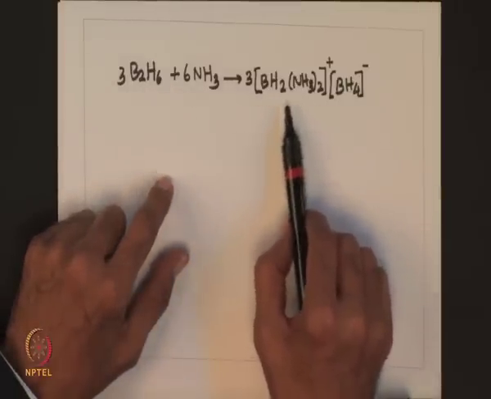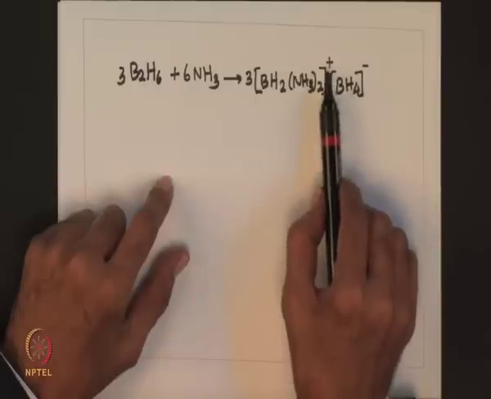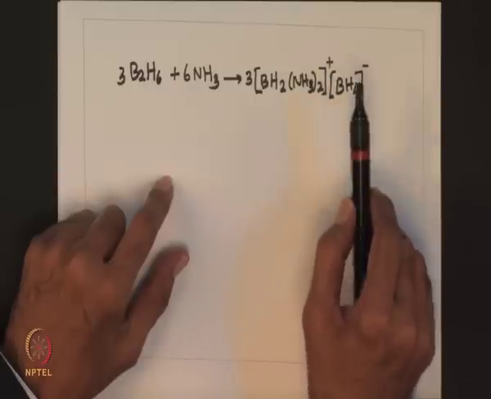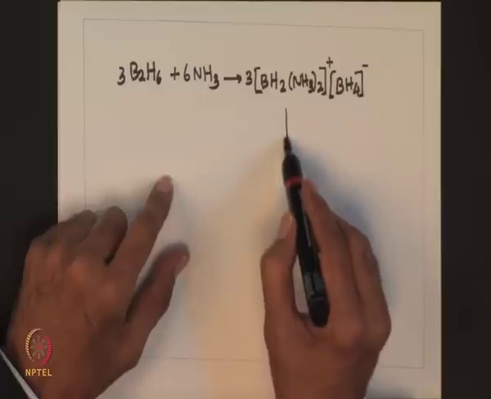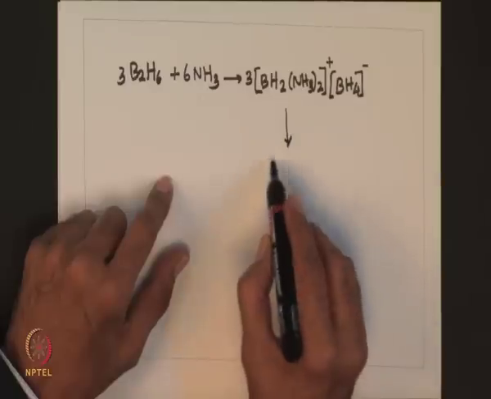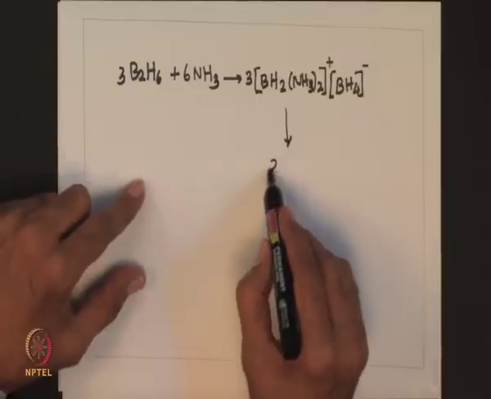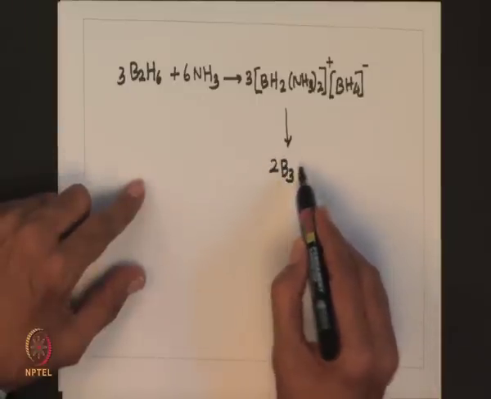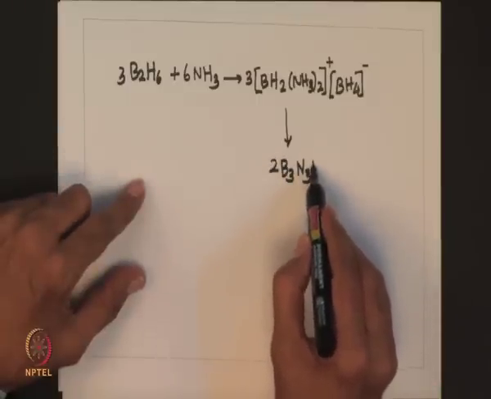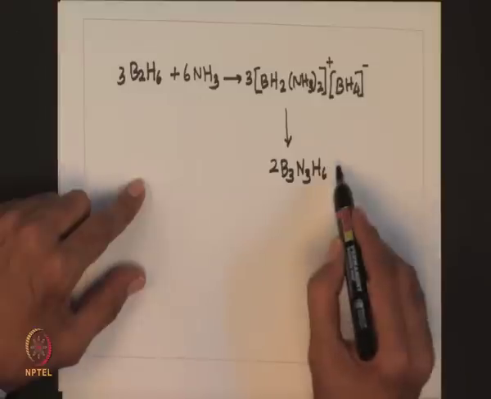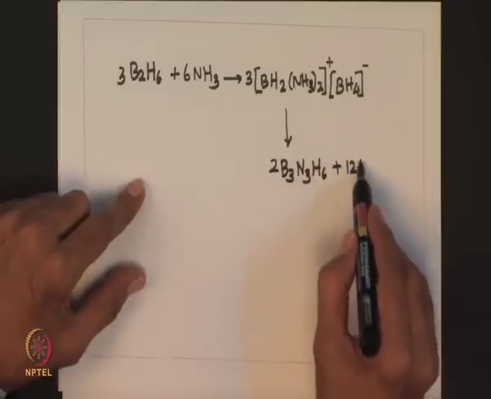So, when diboron is treated with ammonia, initially it forms an adduct of this type. You can see here the BH2(NH3)2 cation and BH4 anion is there. On further heating, it gives a compound having composition B3N3H6 called borazine or inorganic benzene.